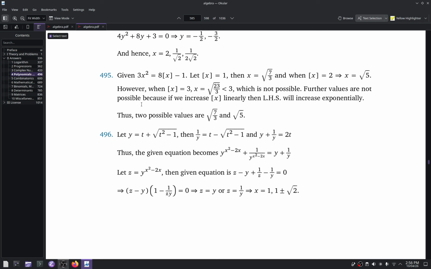Further values are not possible because if you increase the integral part of x, the left hand side will increase exponentially, so it will not be solvable. What do I mean by that? Assume that this is x, not the integral part.